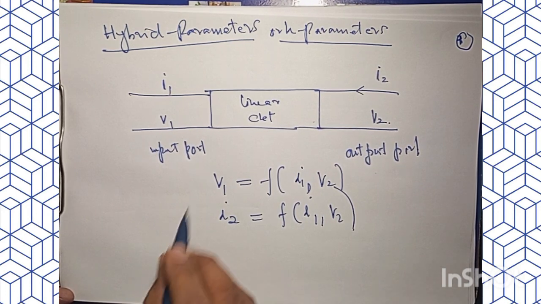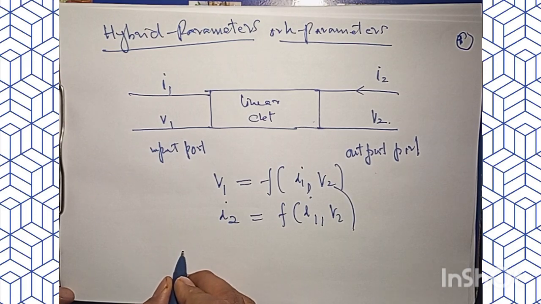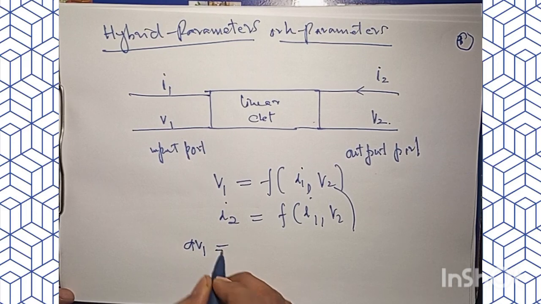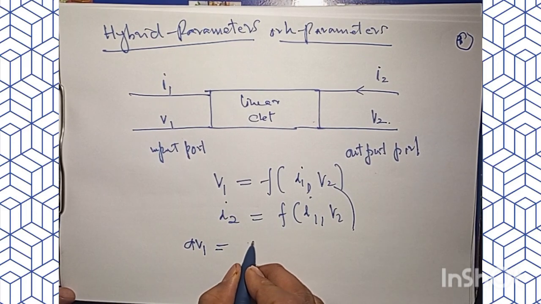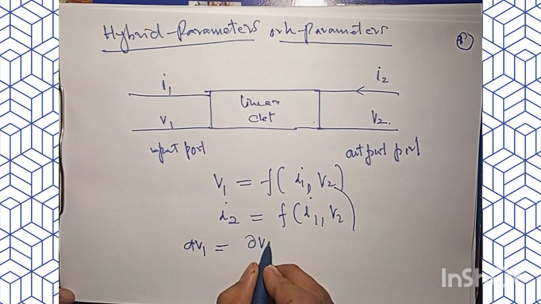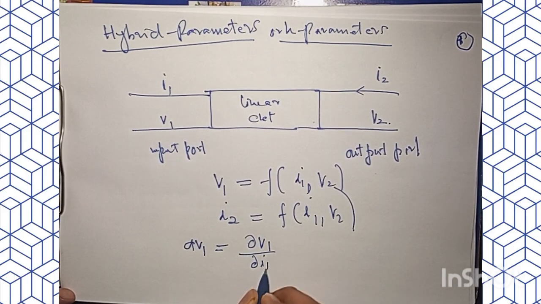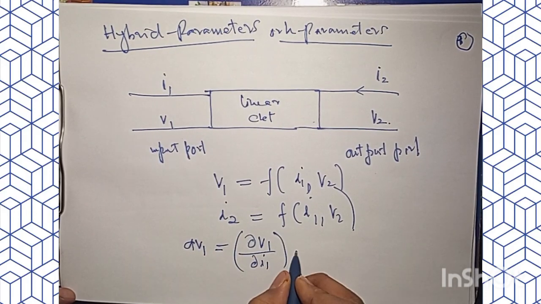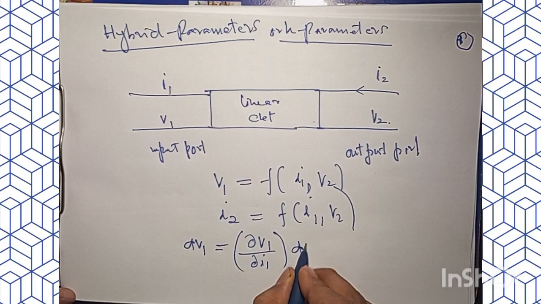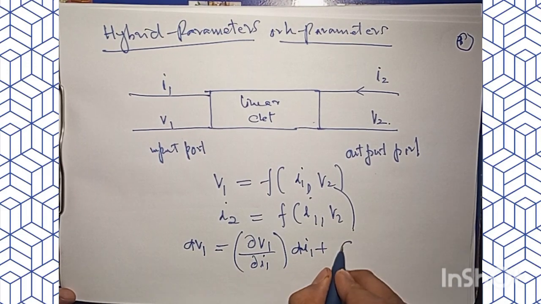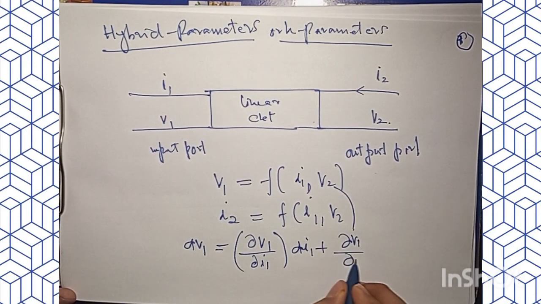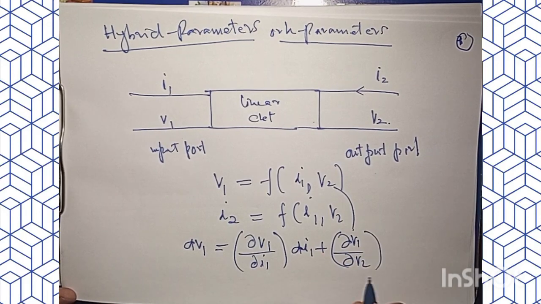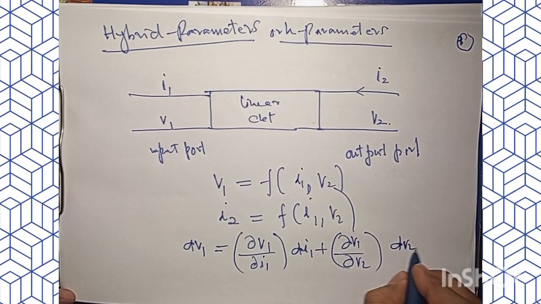So what will be the total differential for V1? It will be dV1 equal to dou V1 by dou I1 times dI1, plus dou V1 by dou V2 times dV2.